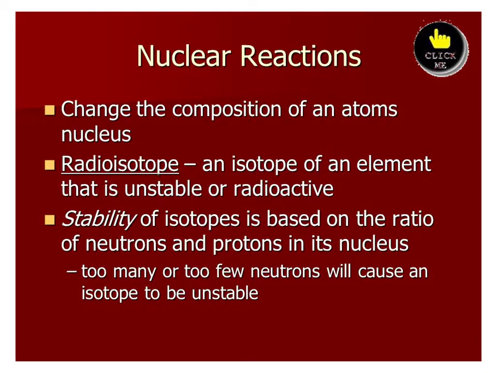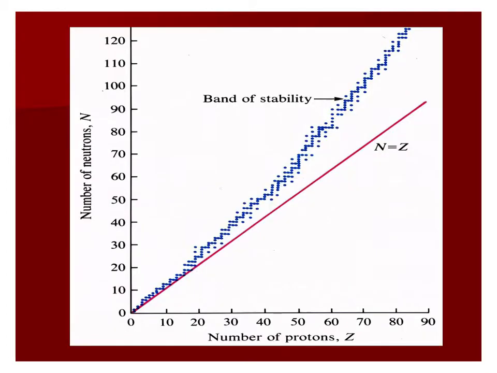The stability of an isotope is based on the ratio of the neutrons and protons in the nucleus. If we have too many or too few neutrons, we will cause an isotope to be unstable. We talked in the other slide about the stability of an atom being based on the number of neutrons versus the number of protons.